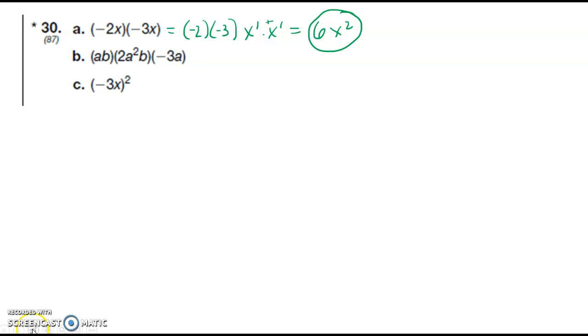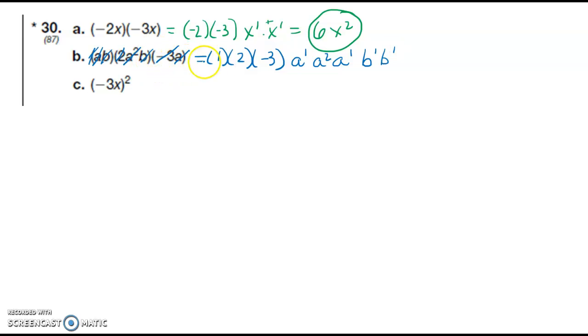Pick a different color. Okay, so let's see. So this has an invisible 1. So we have 1 times 2 times negative 3. And then I have a to the 1, a to the 2, a to the 1, and then I have b to the 1, and b to the 1.